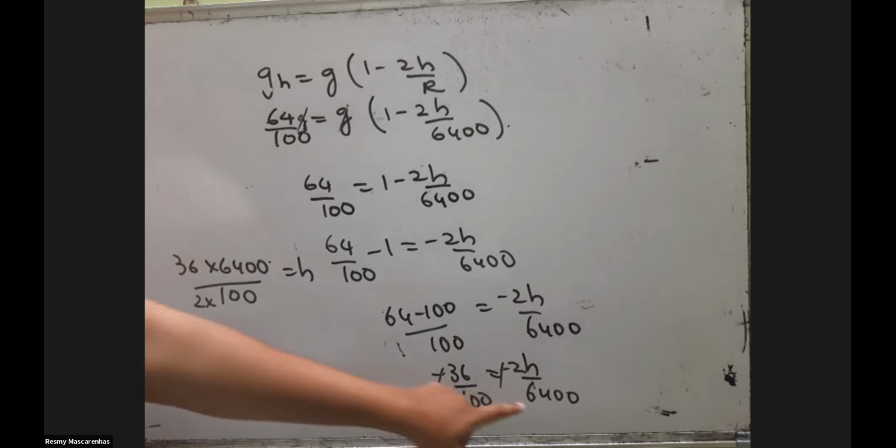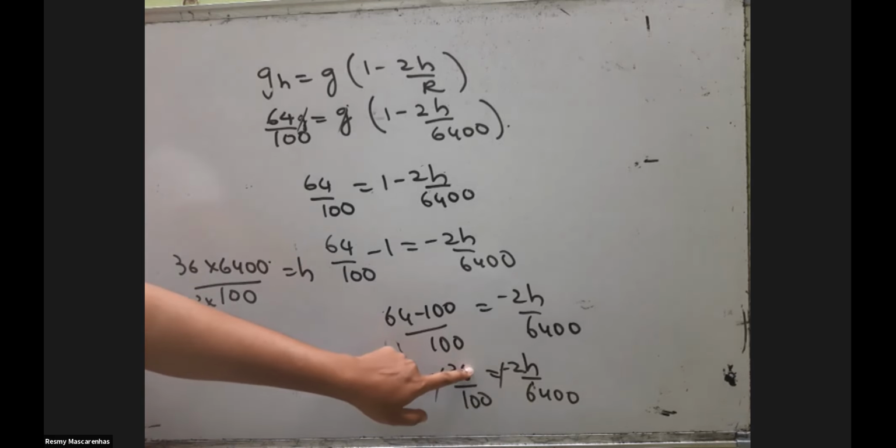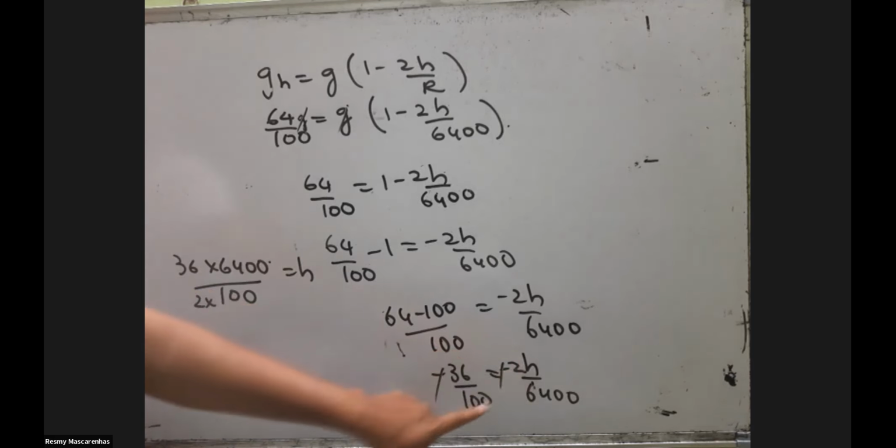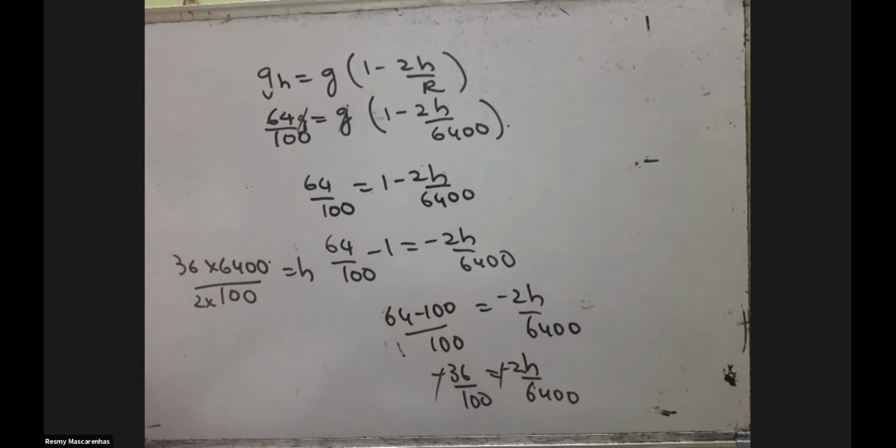What I did, this is in the denominator. If I am taking it up, it will go to the numerator. This is in the numerator, so this will come down. Okay, will be 80. When you multiply, that much kilometers will be your height.